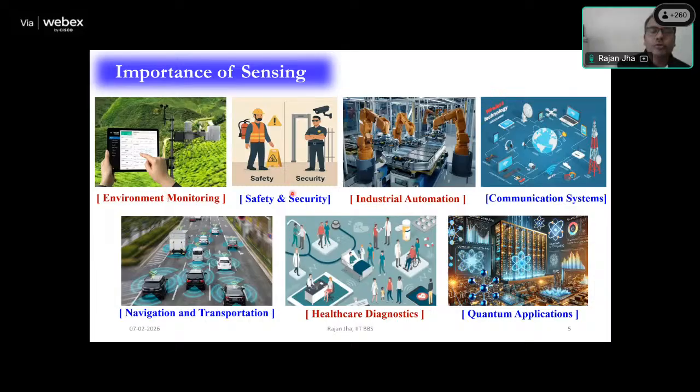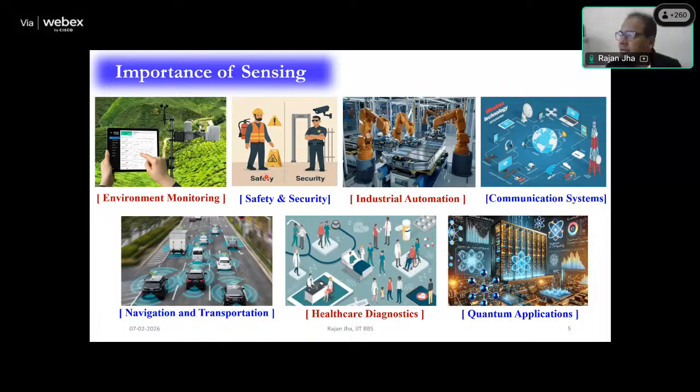When we go to the airport, we see that there are many sensors. As soon as you enter the gate, there is a beep sound, and you go through a scanning process. So safety and security has a lot of sensors built into it.